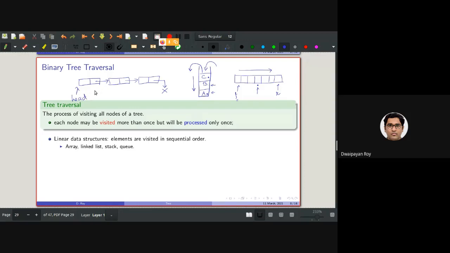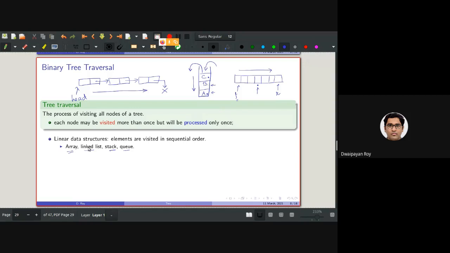So again the way of access is linear, from left to right. I have discussed this, this, and this. Now what about the array?